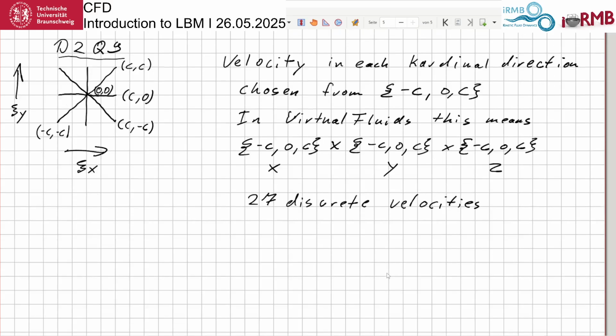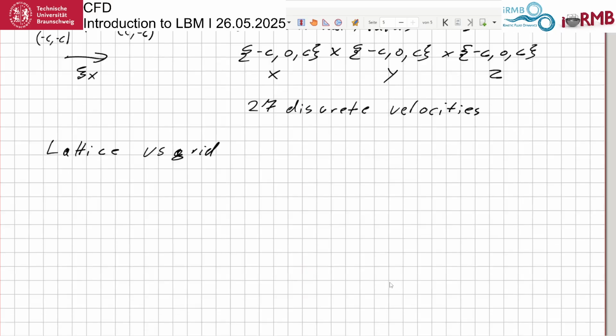Now, why do we choose velocities with one static value? This is related to what we call the lattice versus the grid. The lattice is the discretization in velocity space. And also we have a discretization in spatial space.